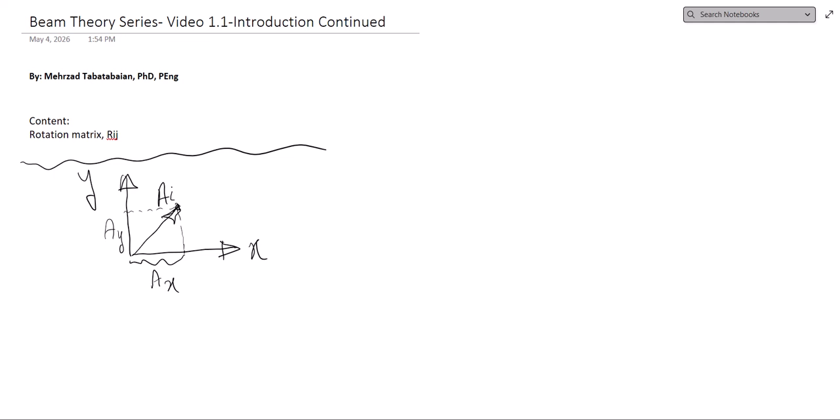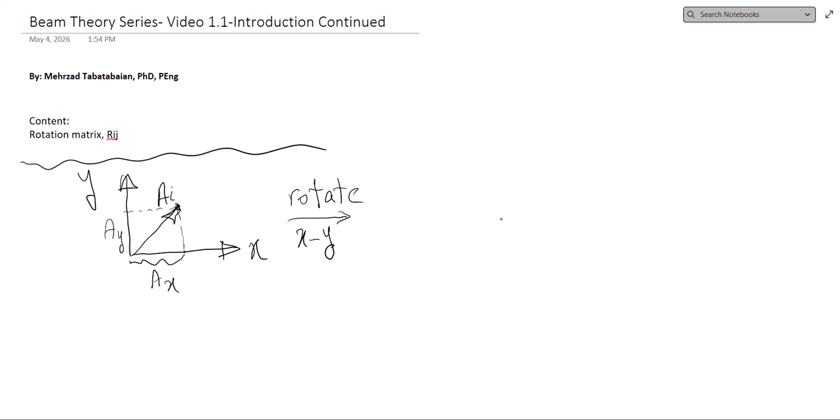But the rotation matrix comes in this way, that if I come and rotate xy coordinates, but I'm keeping Ai as is.